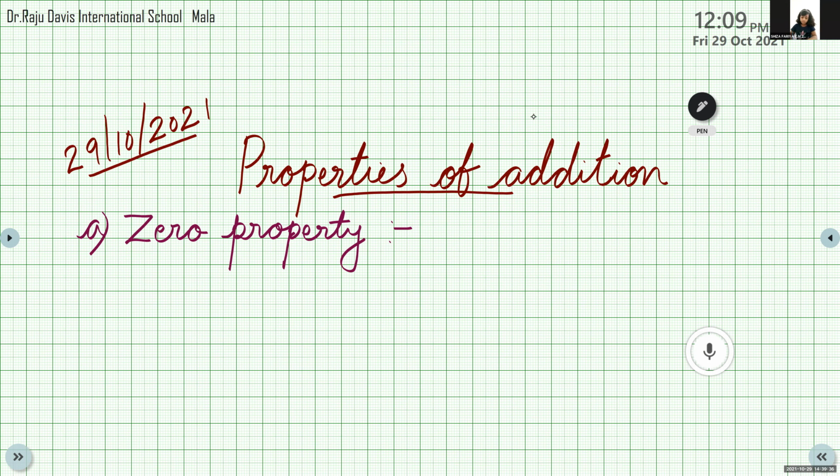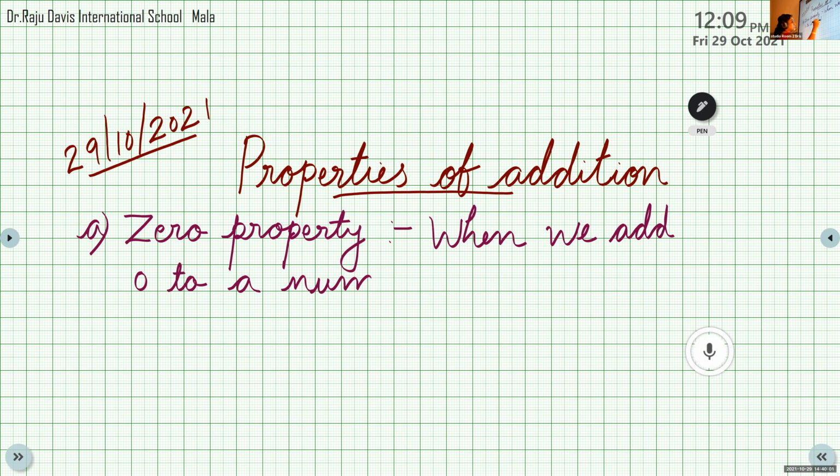Board is clear, so write. What is the explanation of the zero property? When we add zero to a number, the sum is the number itself.